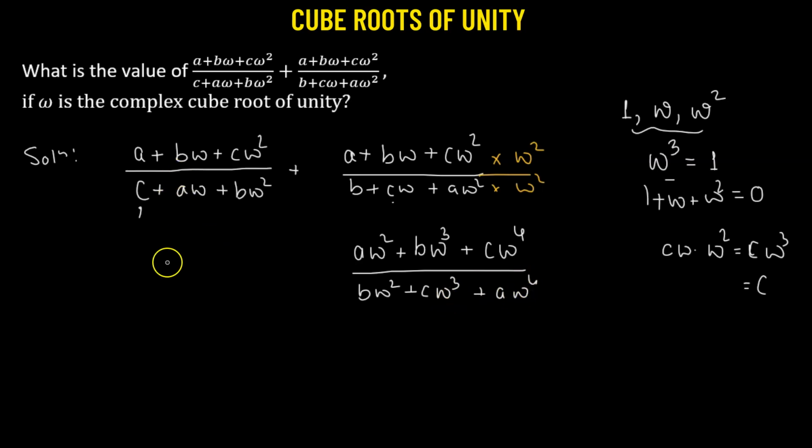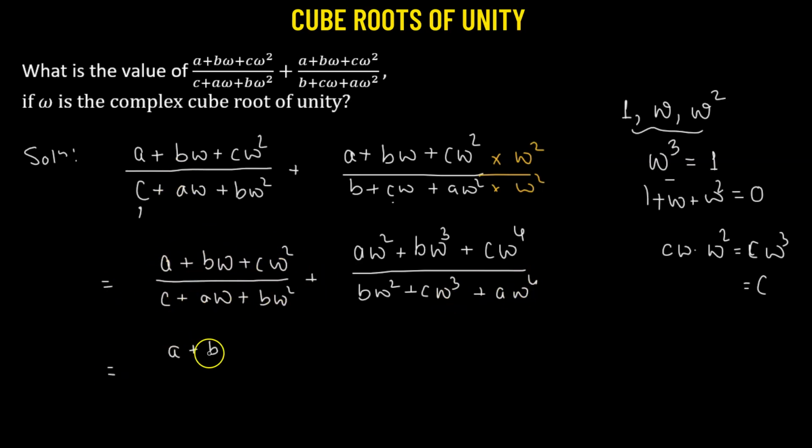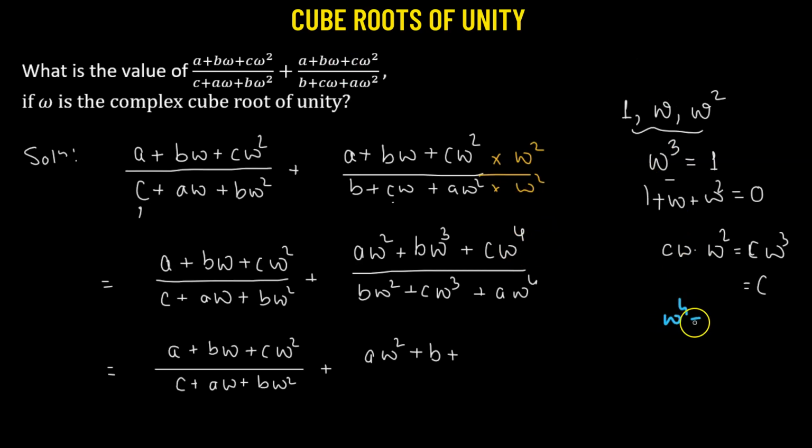And we have the first term. Now we have a omega squared plus b omega cubed. B omega cubed will be simply b, because omega cubed is equal to 1. So we have b plus c times omega raised to the power of 4. Now omega raised to the power of 4 is equivalent to omega cubed times omega, and omega cubed is equal to 1. So this will be simply equal to omega.